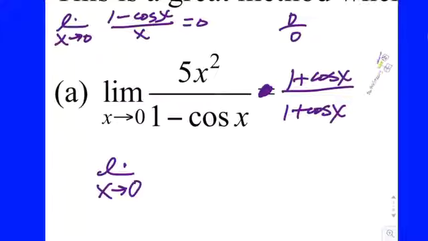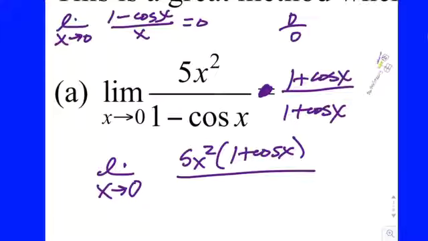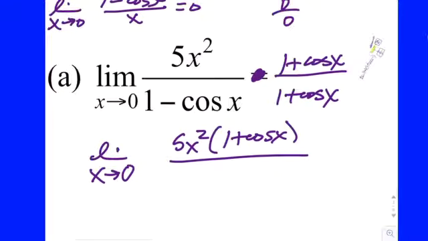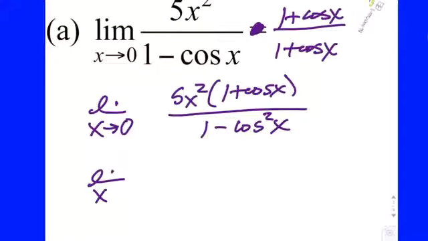The other method didn't. So I'm going to be left with 5x squared times 1 plus cosine of x in the top. I'm going to choose not to distribute yet until I think I need to. But by design, the denominator is going to have some things happening, right? The difference of squares leads to 1 minus cosine squared. And just like if it were a trig proof, what is 1 minus cosine squared then? Sine squared, yeah.